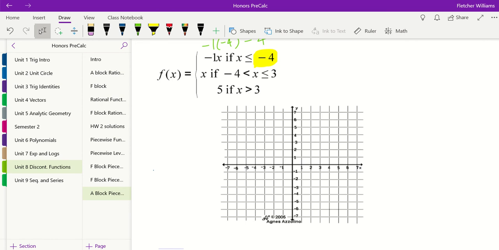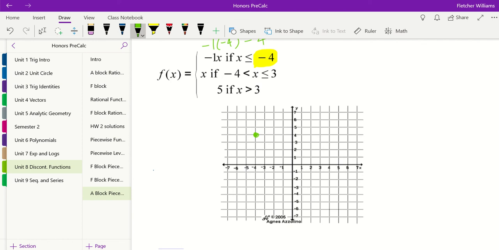So then I have one point at -4 comma 4. Oops, I graphed that wrong.